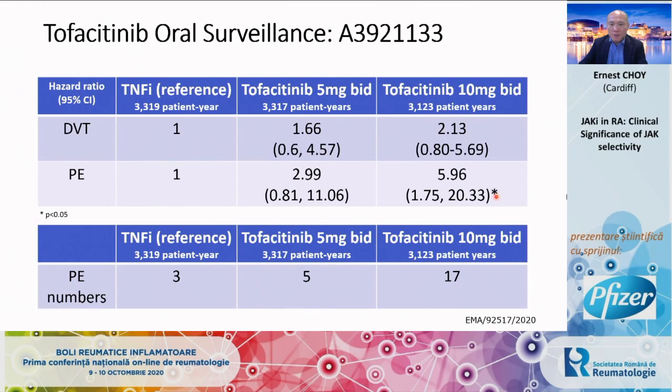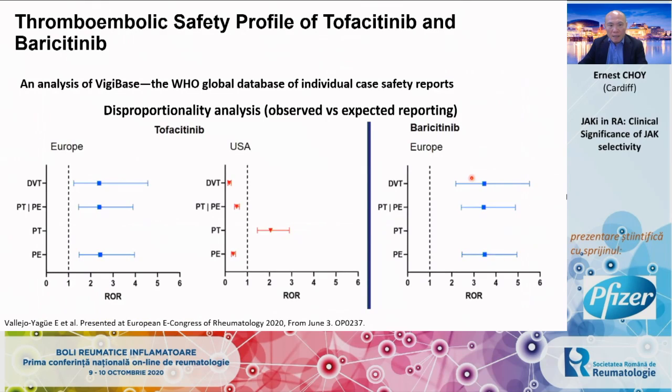So as a consequence of that, patients at high risk of venous thrombosis were advised not to take a JAK inhibitor, and especially high doses of treatment should not be prescribed in patients with rheumatoid arthritis. Next slide. And there are some real-world data to support that randomized controlled trial result. This is based on the recent presentation at EULAR.